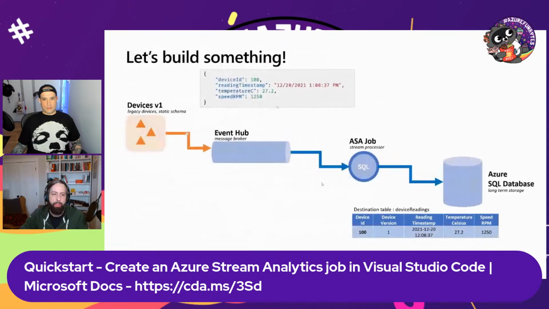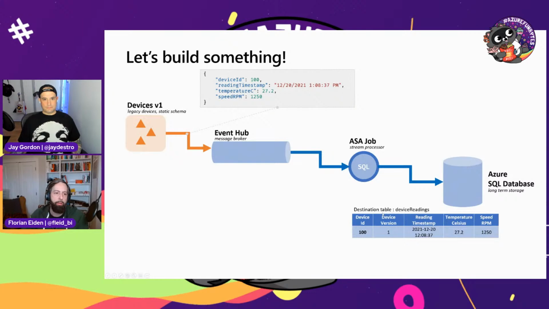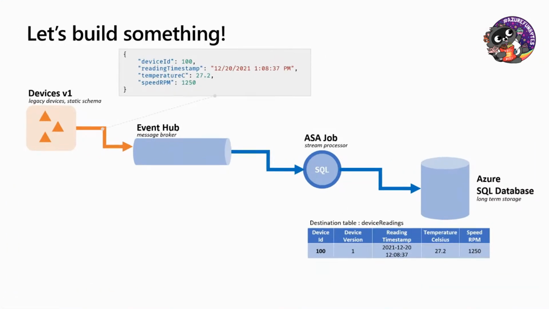Yeah, let's show you. So what I want us to build is, let's get started with a very simple one. We are looking at devices in our plant, like the picture I showed you earlier. We have devices taking readings, looking at our manufacturing plants, and generating a reading, giving us a temperature and a speed in RPM.